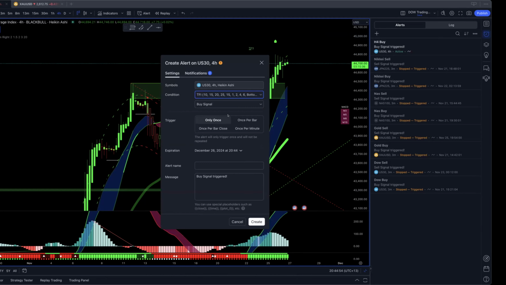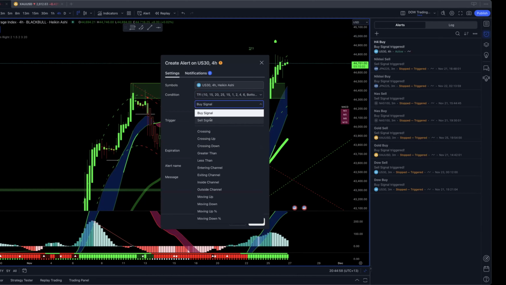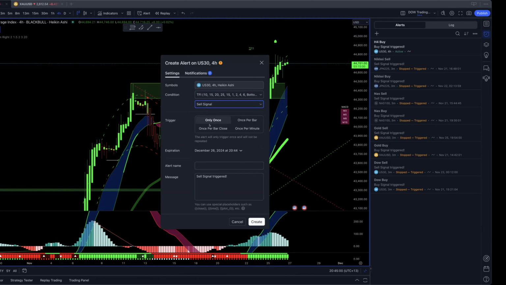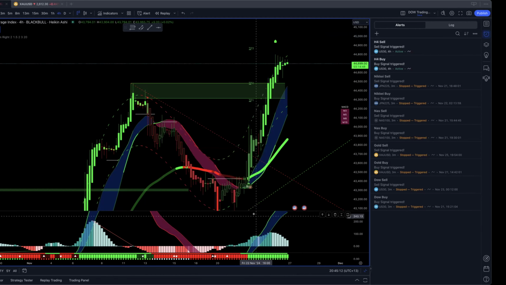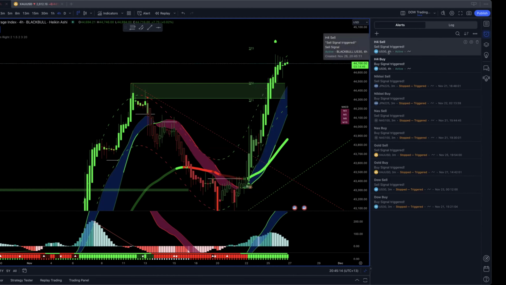Now we want a sell signal, so you click sell and give it an alert name. I would just call that H4 sell. Create. All right, so there we've got it. Now we've got a 4-hour sell signal and a 4-hour buy signal, and that's all it is.